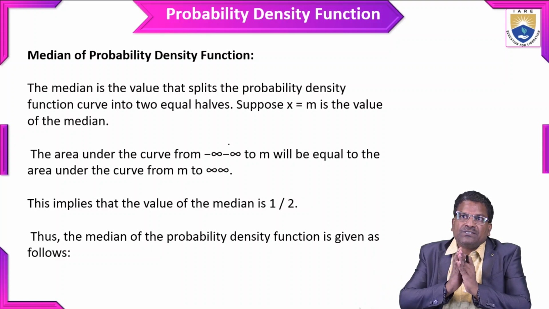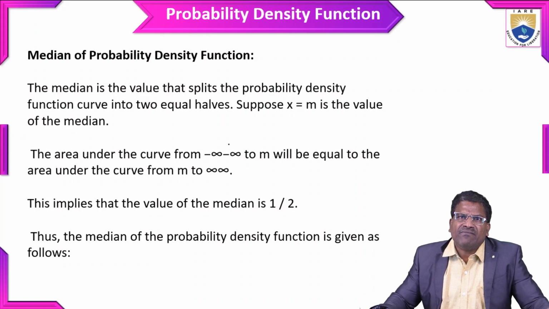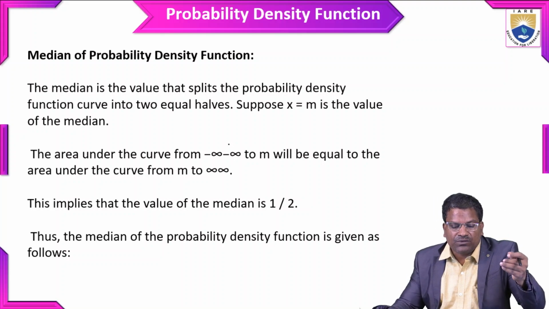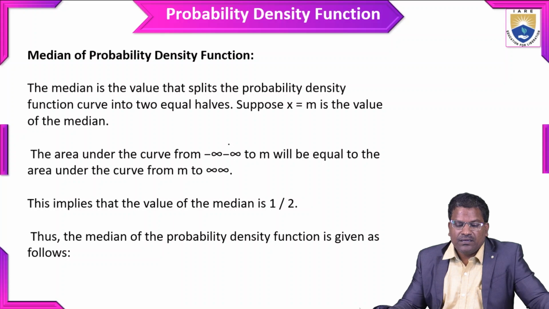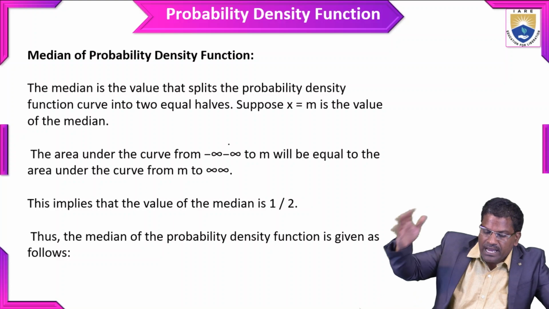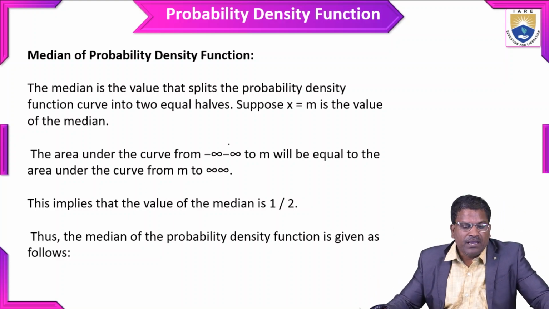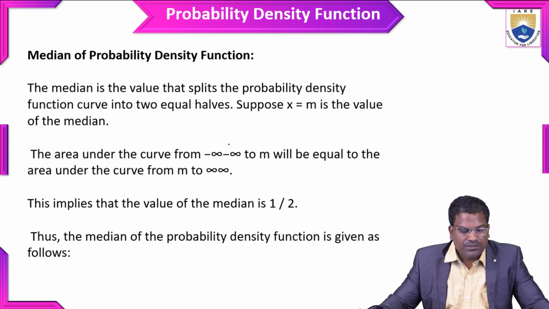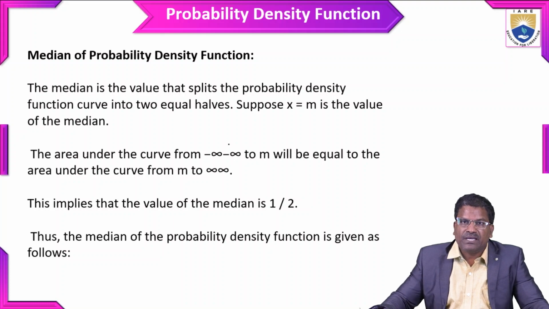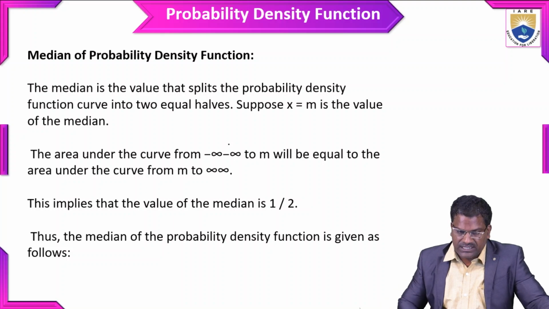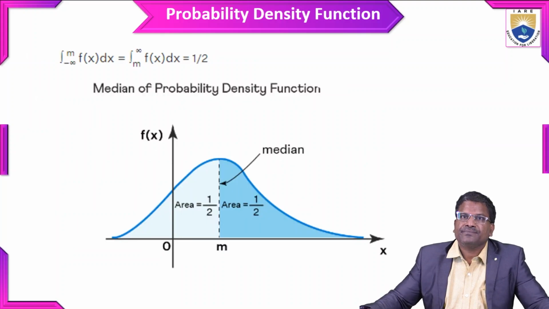Suppose x equal to m is the value of the median. The area under the curve from minus infinity to m will be equal to the area under the curve from m to plus infinity. Thus we can see the median of the probability density function like this.